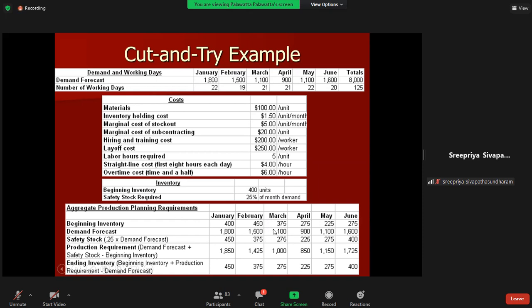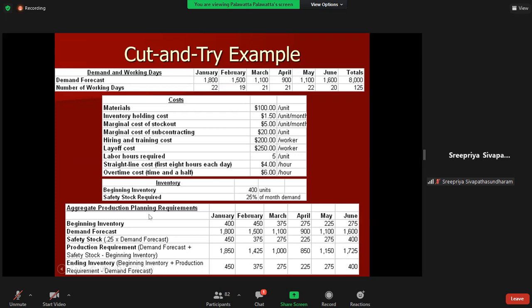March, demand 1,100 plus safety stock minus the beginning inventory, you get 1,000. April 900 plus 225 minus 275, you get 850. May 1,100 plus 275 minus 225, you get 1,150.